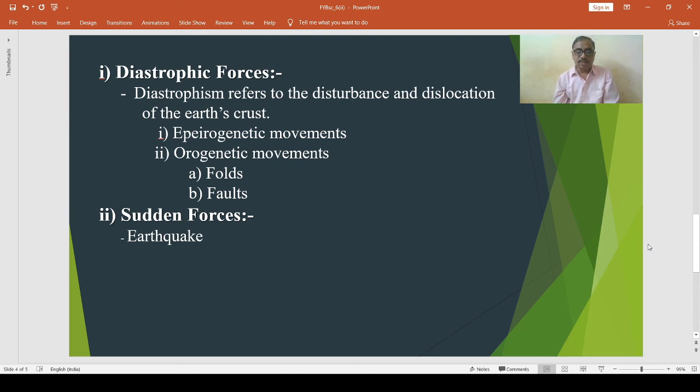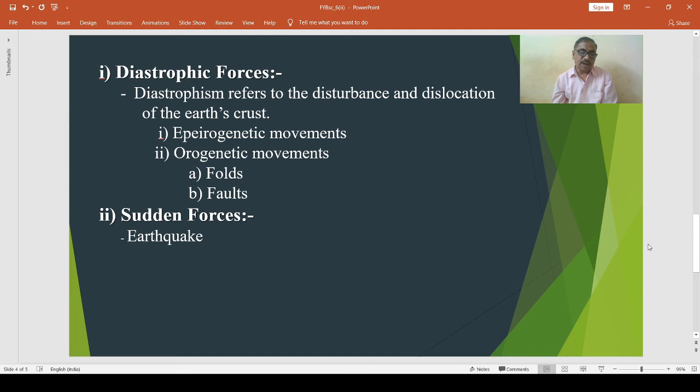The intensity of the vibrations is reduced with increasing distance from focus. The waves generated by earthquakes are called seismic waves. These waves are recorded by an instrument called seismograph or seismometer. The lines joining the places of equal seismic intensity are called isoseismal lines.